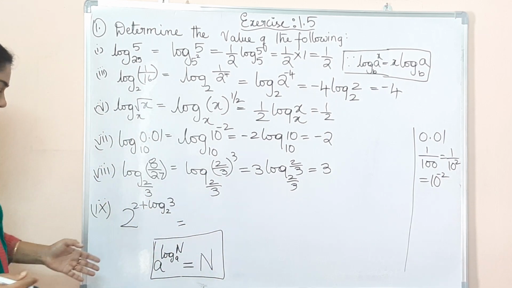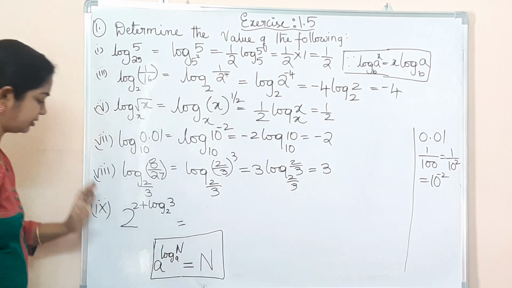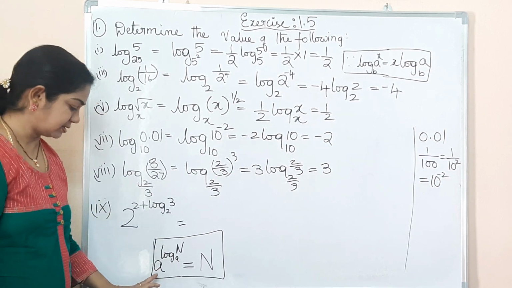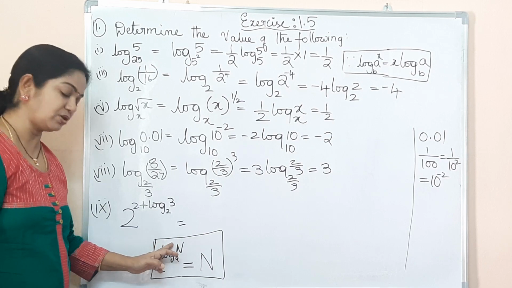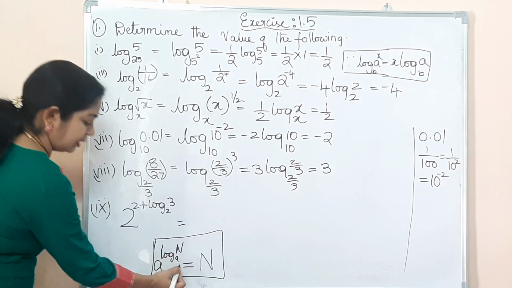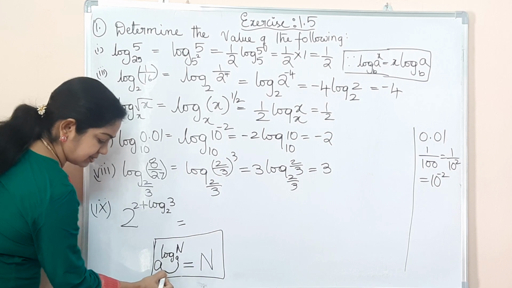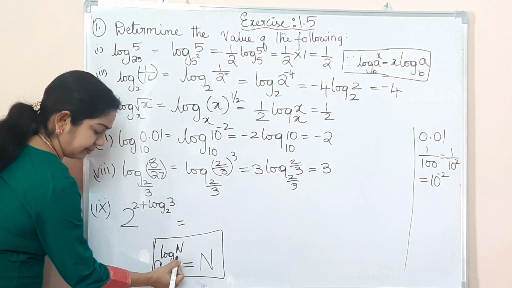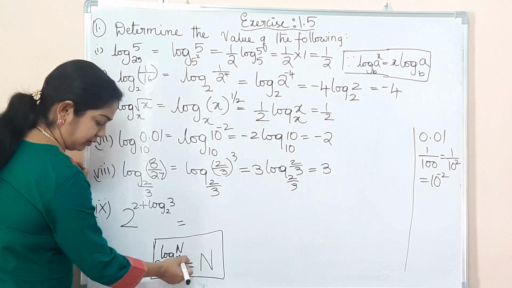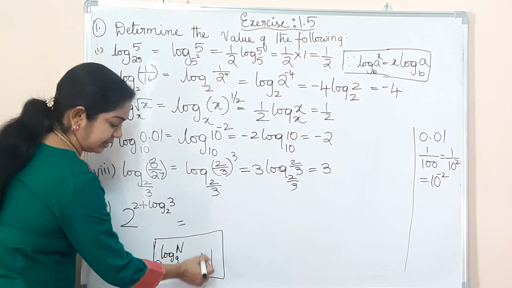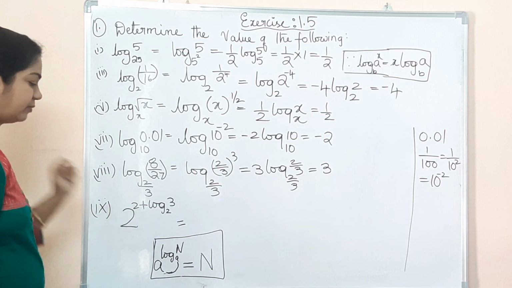This is another property which only for this problem we are using. Here see, if there is an exponent like this, the base raised to the power of log n base a, you clearly observe that this a and this a are same, isn't it? The base of the logarithm as well as the base in the exponent, if they are same, then it will simply be deduced to n. Using this formula we'll do this, okay?